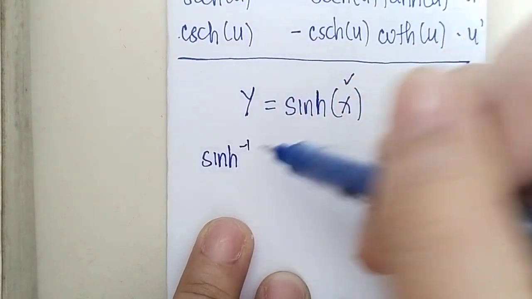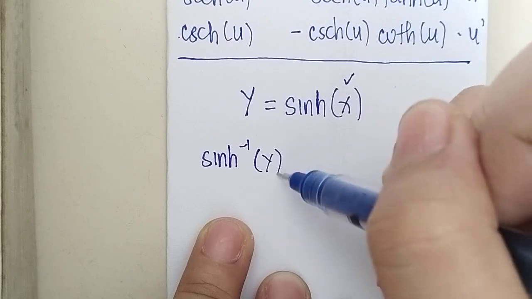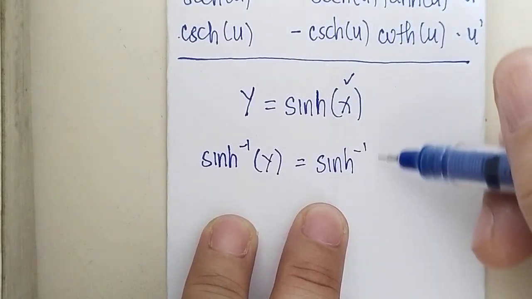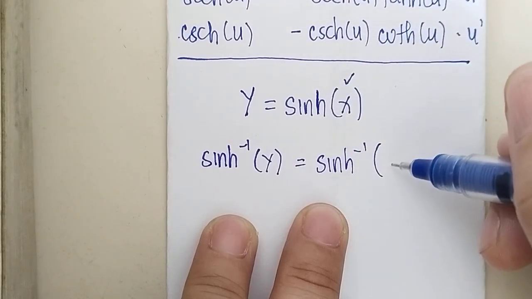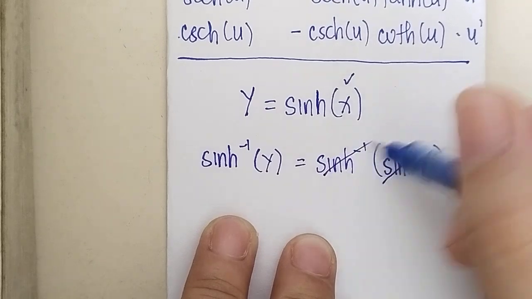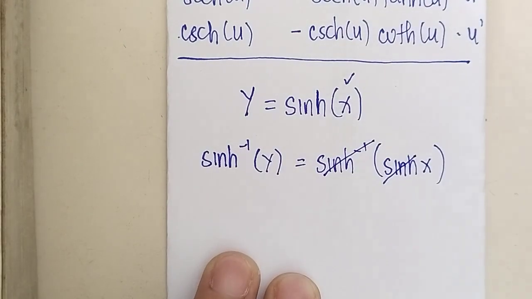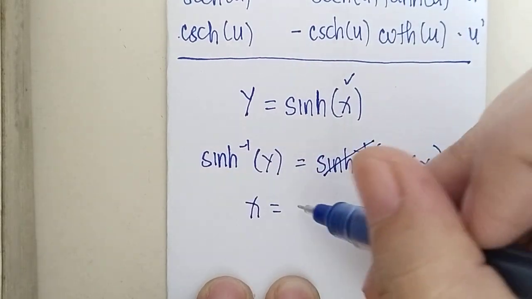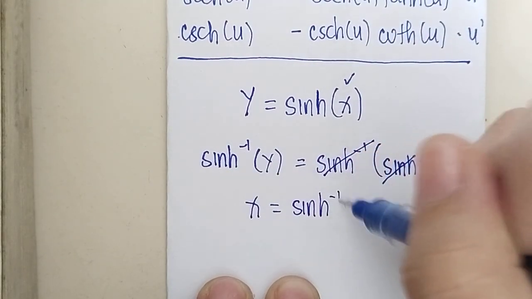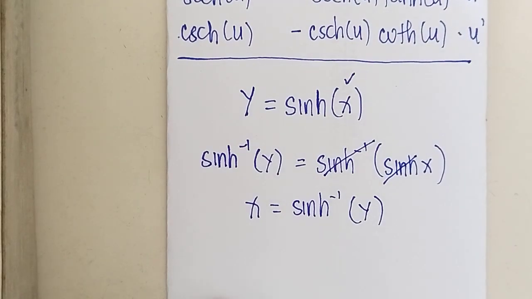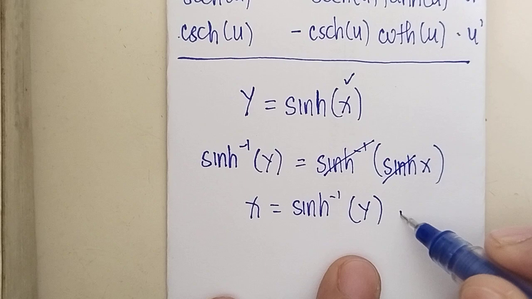So, the inverse hyperbolic sine of y is equal to the inverse hyperbolic sine of the hyperbolic sine of x. So, this cancels, and x is simply equal to the inverse hyperbolic sine of y. That is how we got the inverse.